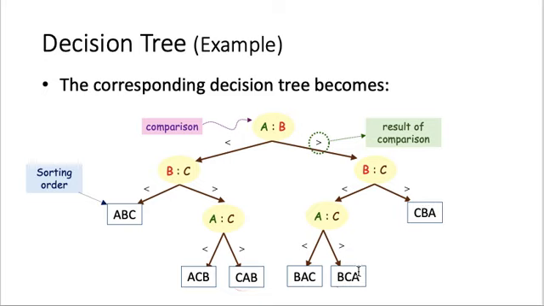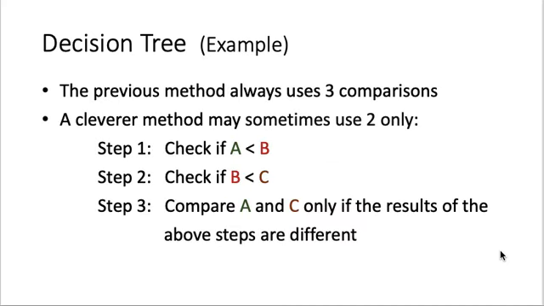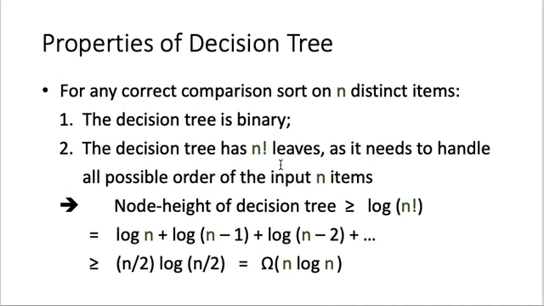When we have n items in general, there will be n factorial different sorting orders. So in that case, it must have at least n factorial leaves. So here, this decision tree has n factorial leaves, and the earlier one will have more than, okay, so here, because it has some impossible cases, it will have more than n factorial leaves. So at least n factorial leaves.